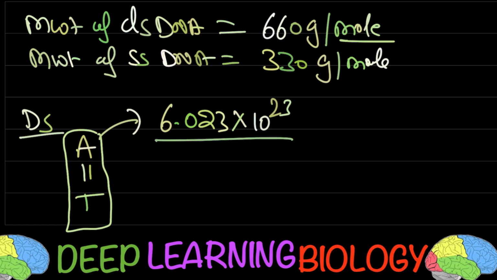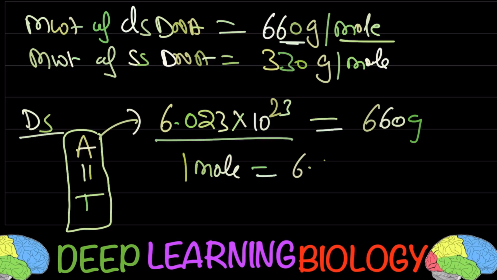If you weigh them, this has been calculated taking into consideration the average molecular weight, and it will come out to 660 gram. So 1 mole means 6.023 into 10 to the power 23 base pairs, and they are going to weigh 660 gram.